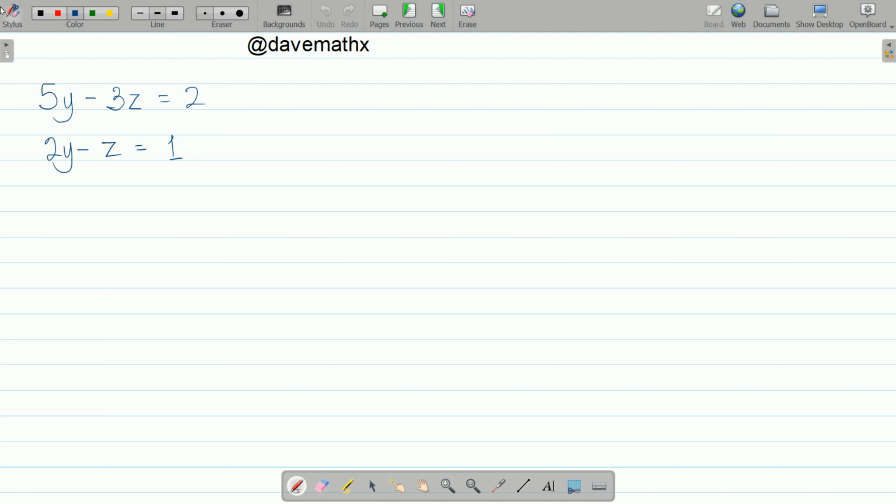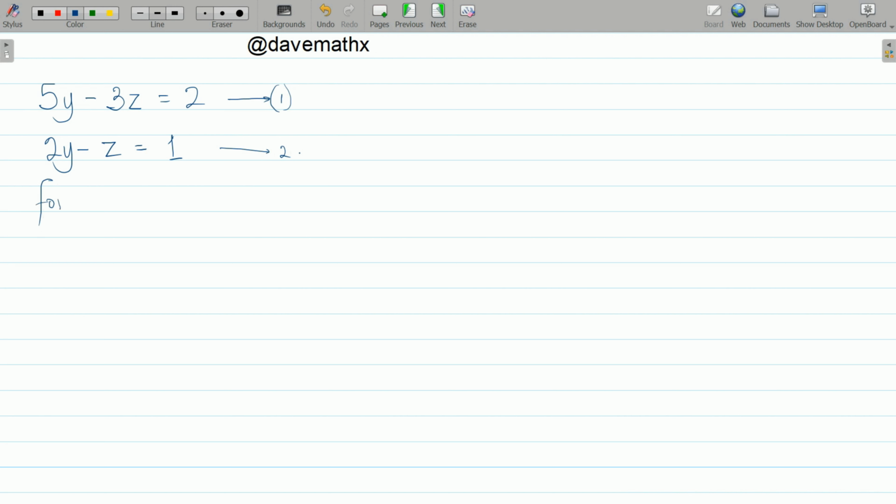5y minus 3z equals 2. 2y minus z equals 1. So we form equation 3 from equation 1. 5y minus 3z equals 2.